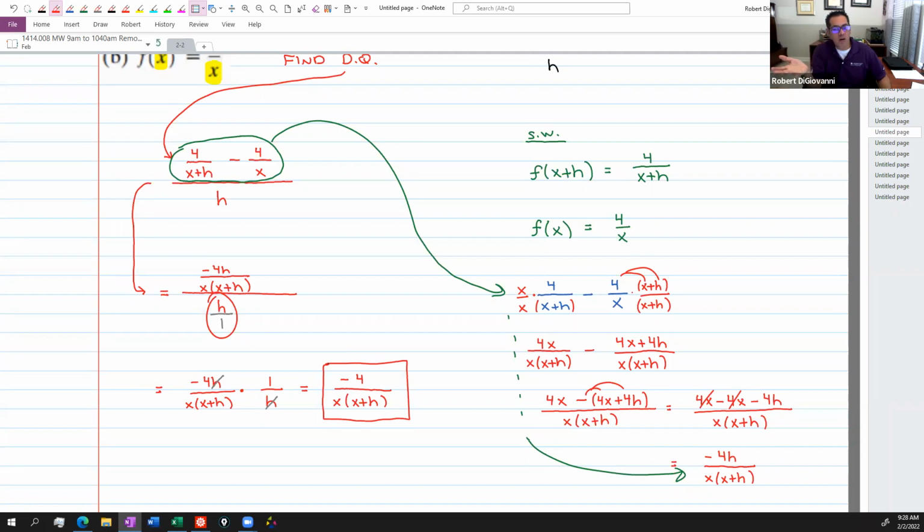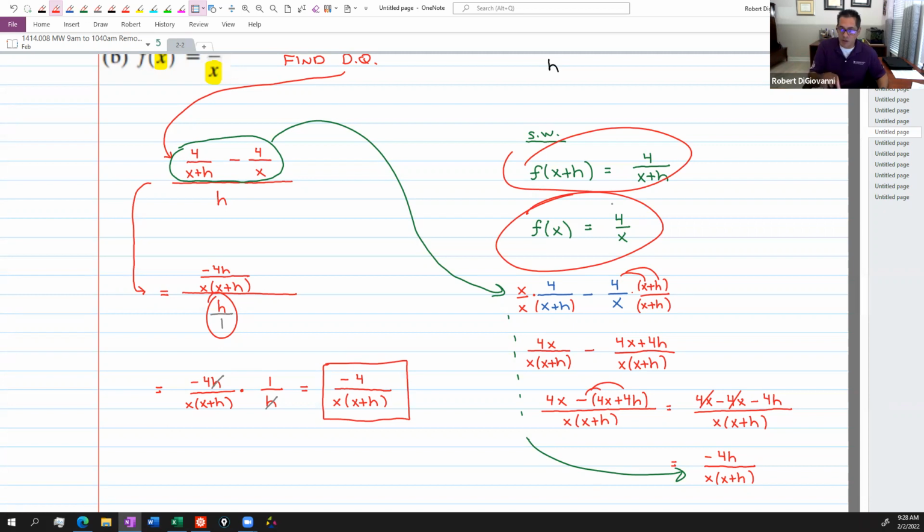What do you think gets hard with the difference quotient? What do you think is the difficult part of it? Plugging in x plus h and plugging in x, to me that's just plug in, fine, great. That's not that big of a deal. It's the algebra required to get the h to cancel. That's the part that's hard.